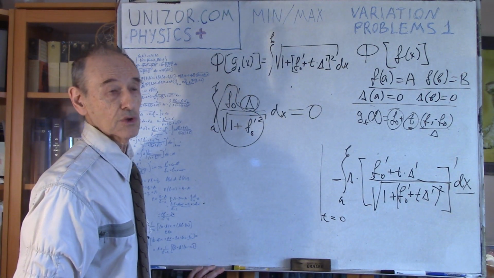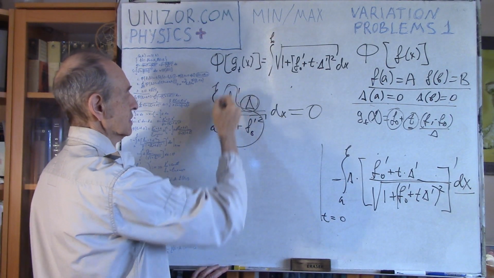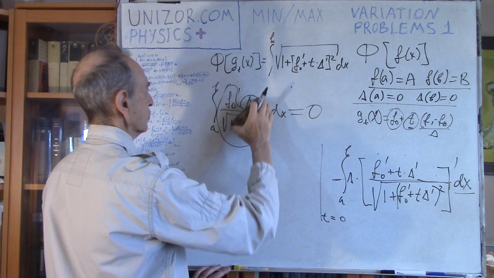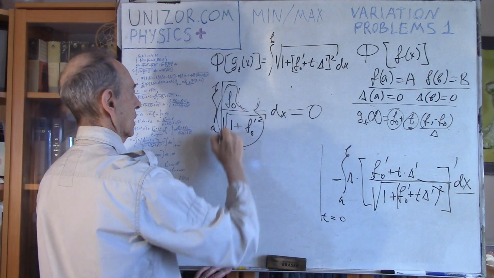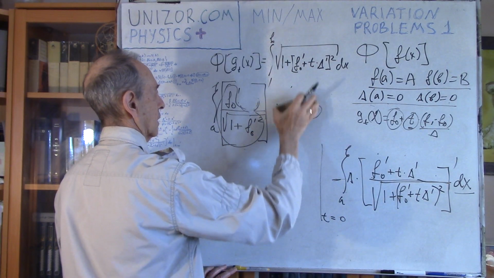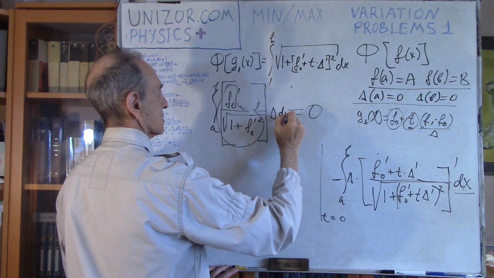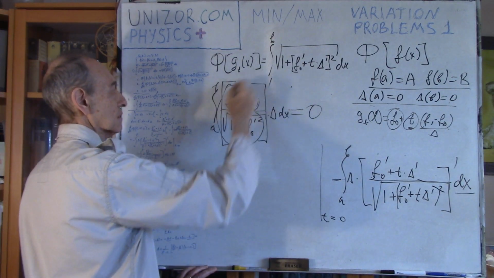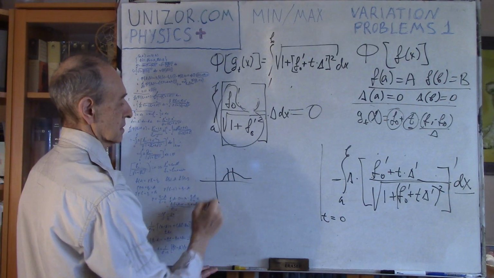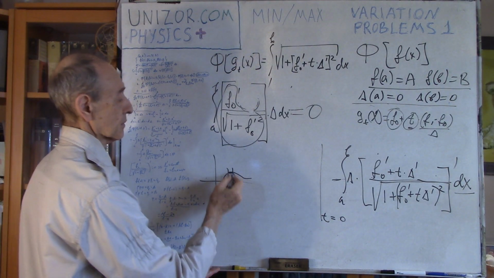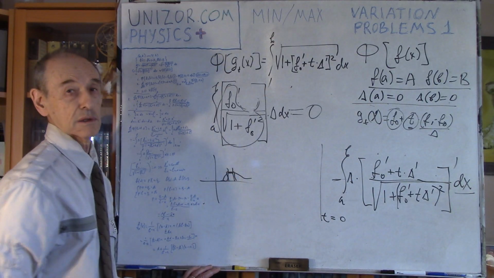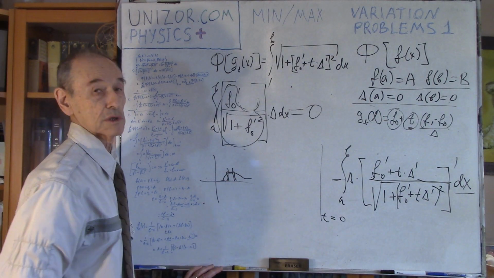Otherwise, if this function is not equal to 0, I can always find some interval where it's really far from 0, and have the function delta also something similar to this, and the result of their multiplication will not be equal to 0.